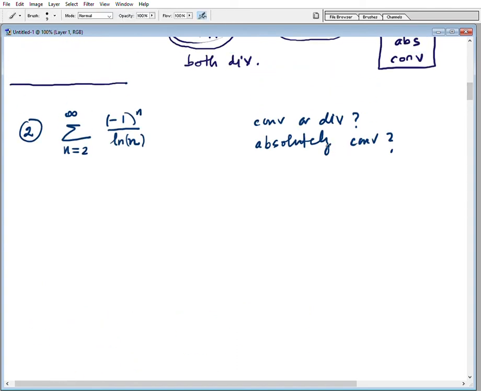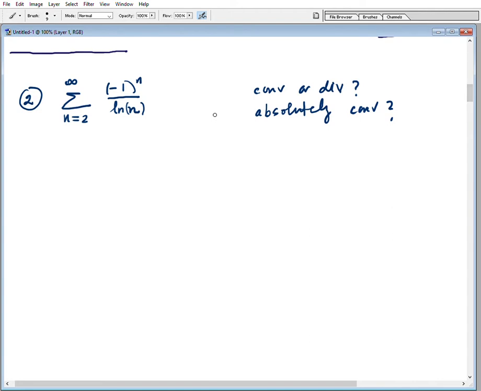Okay, so here we want to know convergent or divergent, and then later absolutely. So first convergent or divergent. All right, so first we want to show a_n goes to 0, which it does right away, because the denominator is going to infinity. All right, so we're taking the limit as n goes to infinity.